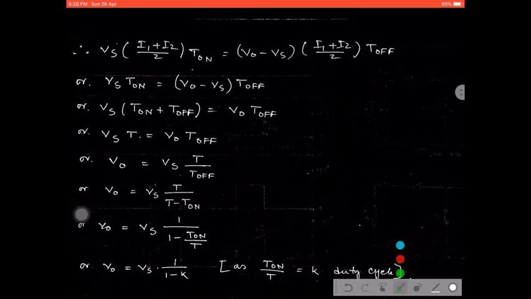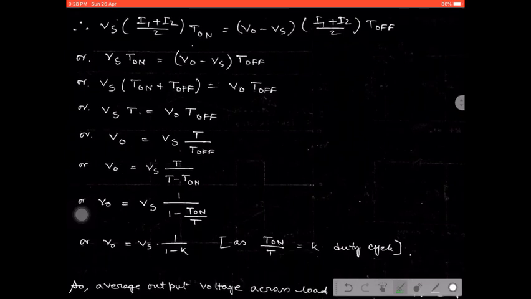That is why we can write Vs times (I1 plus I2) by 2 times T on equal to (V0 minus Vs) times (I1 plus I2) by 2 times T off. Going through the simplification, Vs into T1 equals (V0 minus Vs) into T off. Similarly, simplifying again, Vs times (T1 plus T off) equals V0 times T off.